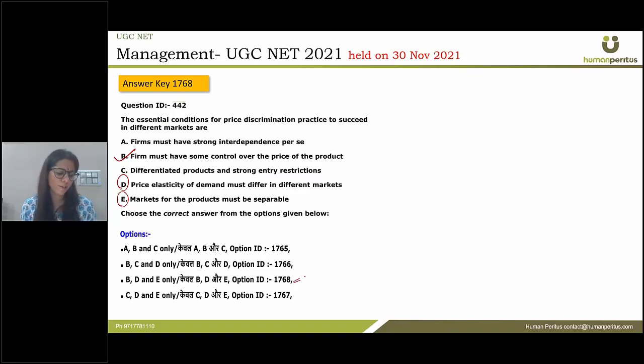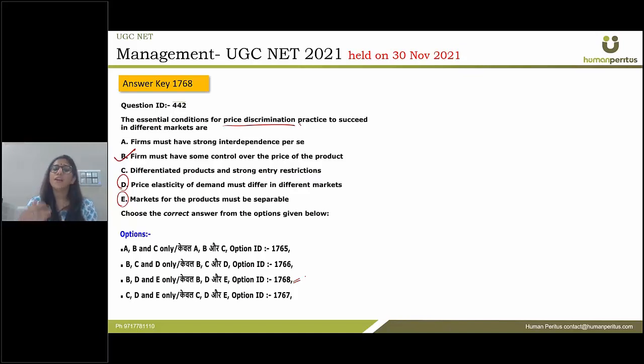That the firm must have strong interdependence. No, this cannot be a condition for price discrimination, because when the firms have certain kind of interdependence, for setting up prices also, they will have to have certain kind of interdependence. And basically the one major point is that price discrimination is the basic feature of a monopoly firm.